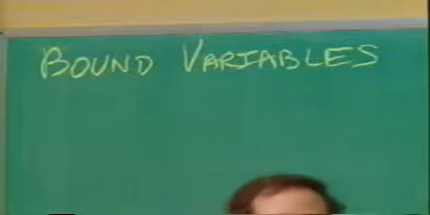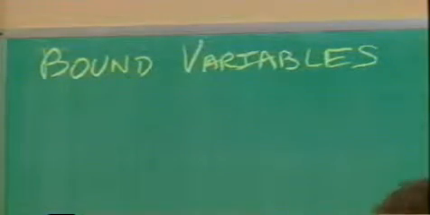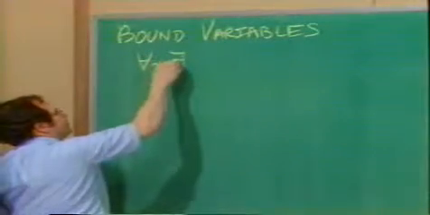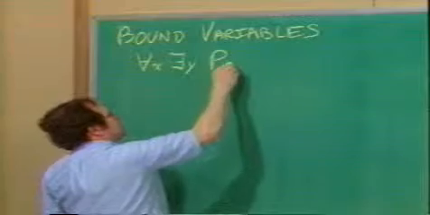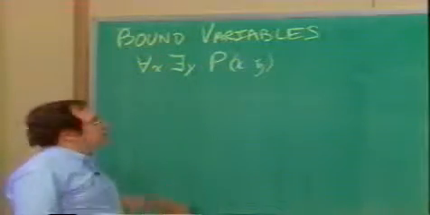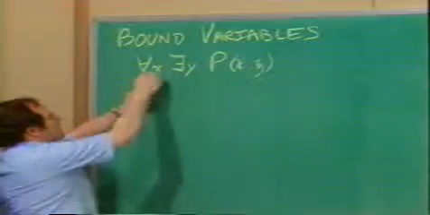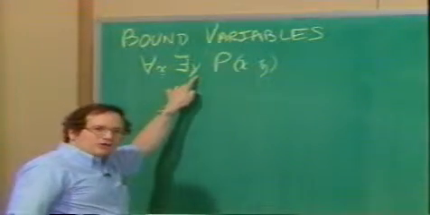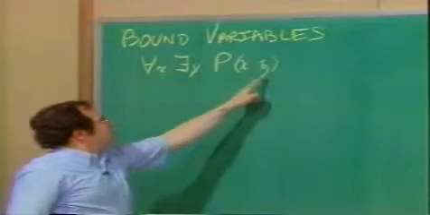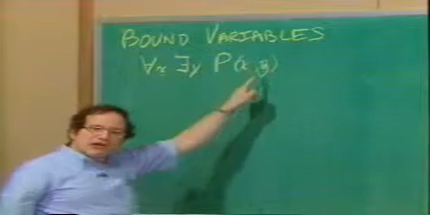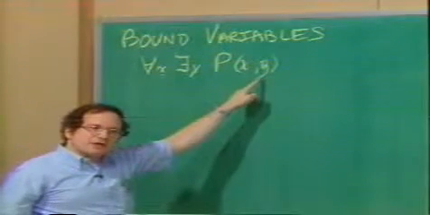You may not know it, you've seen lots of them, although I suppose in your logic you saw logical variables like for every x there exists a y such that p is true of x and y from your calculus class. Okay. This variable x and this variable y are bound because the meaning of this expression does not depend upon the particular letters I use to describe x and y.